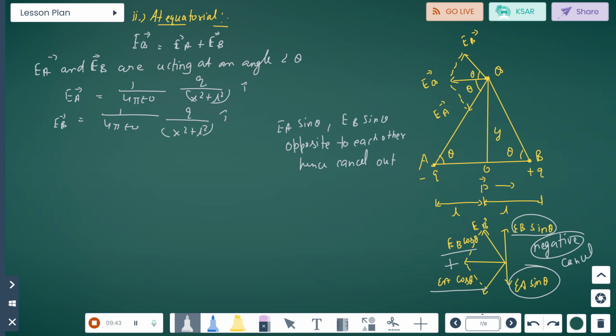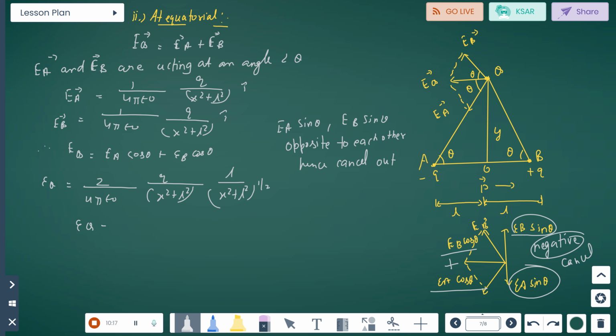Okay, so after adding EA cos theta and EB cos theta, we have EQ equals EA cos theta plus EB cos theta. EQ equals 1 by 4 pi epsilon naught Q by (x square plus L square) into L divided by (x square plus L square) to the power 1 by 2.